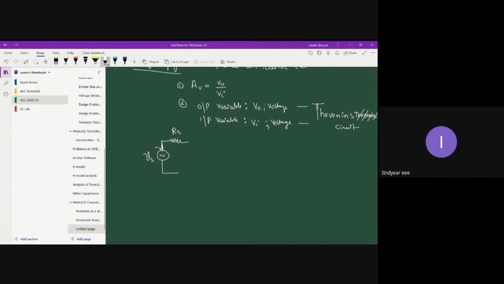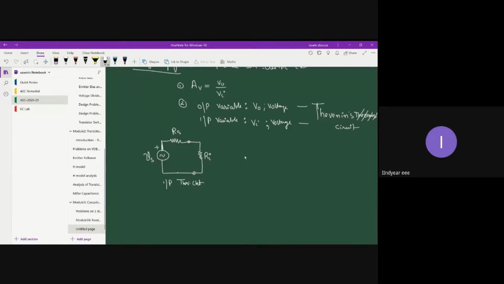Source is Vs, resistance is Rs, connected to the input impedance. Let's take the input impedance as Ri. All right, so that's your input Thevenin's circuit.